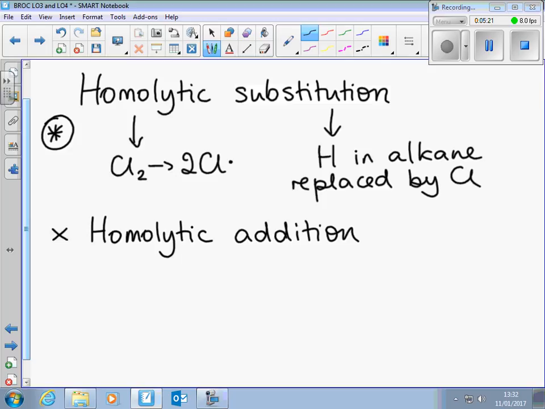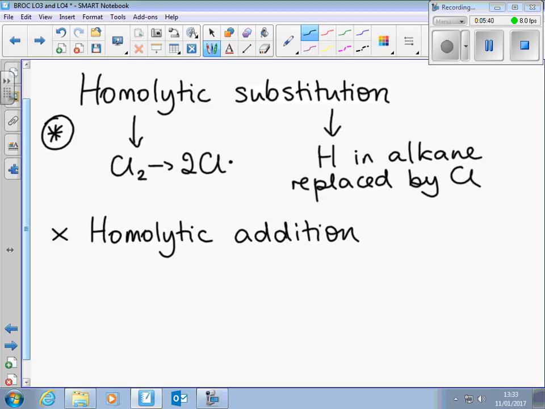The D antigen is a protein. It's a polymer. So polymers are just repeating units. And so you can have a homolytic addition process if you create free radicals that will then react with each other. Not going into that one.